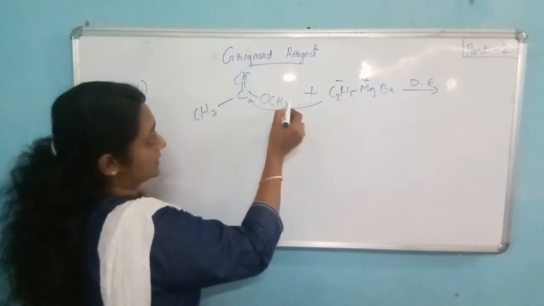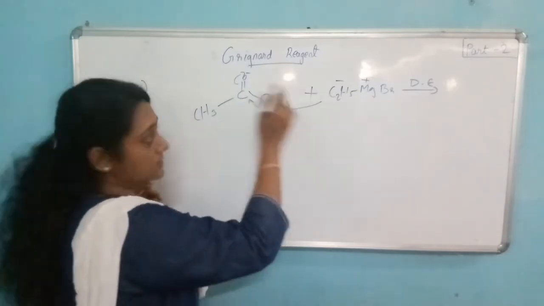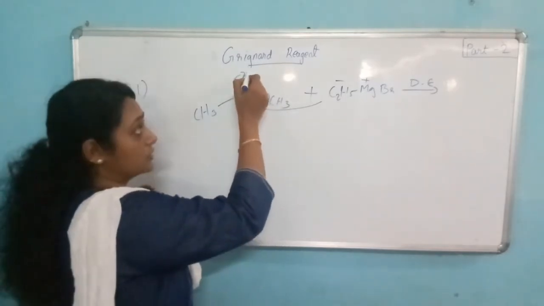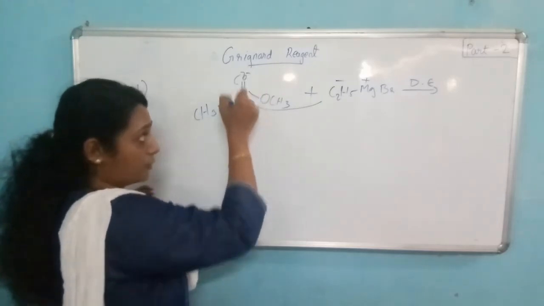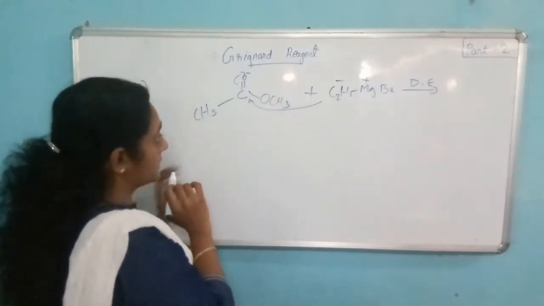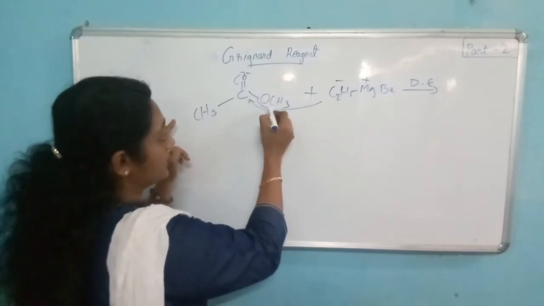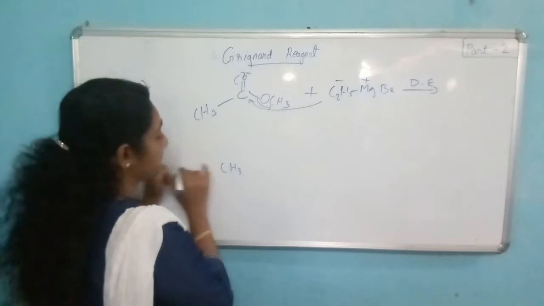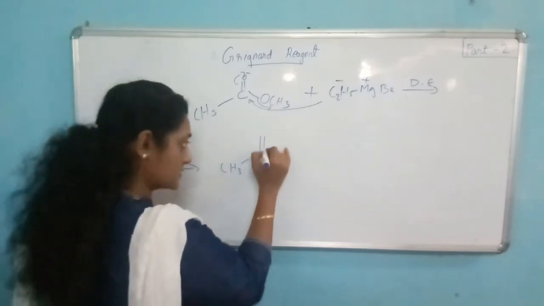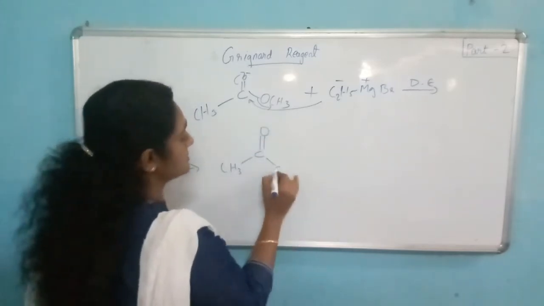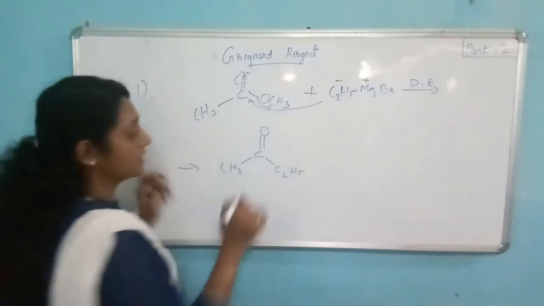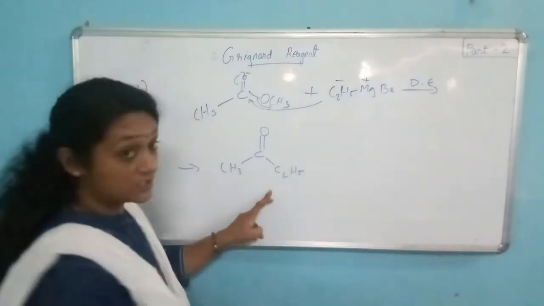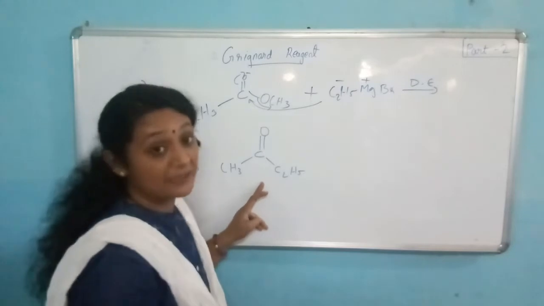There is an OCH3 group present on the same carbon. Therefore, the oxygen comes back and forms a double bond between carbon and oxygen, and this group leaves the reaction. The product will be CH3, C double bond O, C2H5. Again, a ketone is formed.